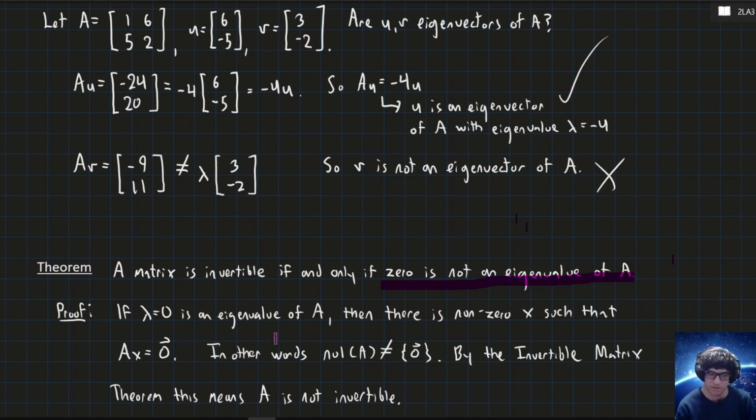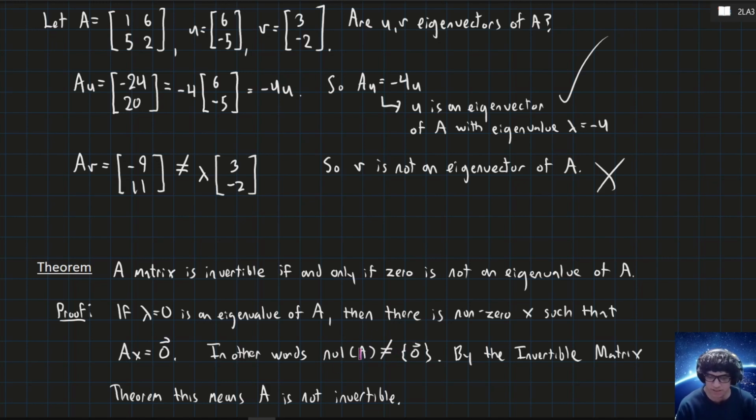So why is that true? If 0 is an eigenvalue of A, that means there's a non-zero x such that Ax equals 0. That means there's a non-zero x in the null space.